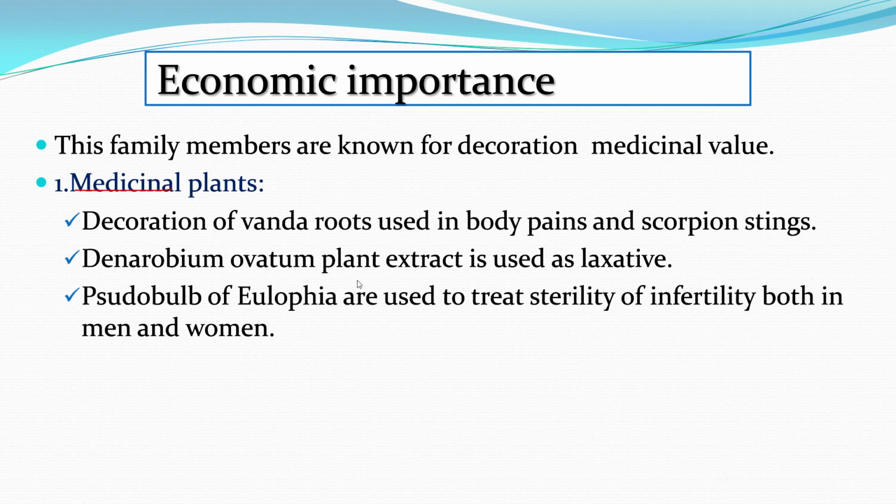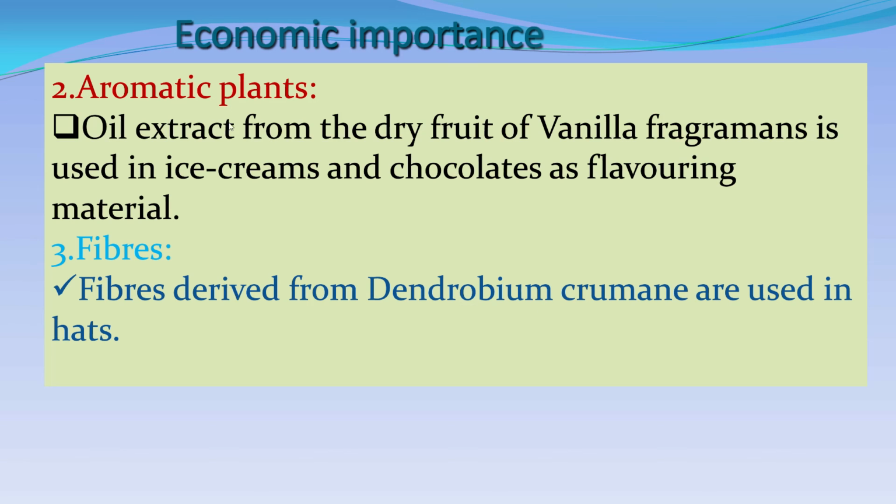Dendrobium nobile plant extract is used as a laxative, for free motion, so it is one of the laxative medicines from Dendrobium. Next, pseudobulbs of Eulophia are used to treat sterility or infertility in both male and female.